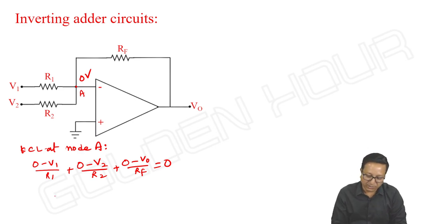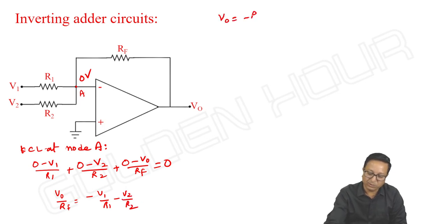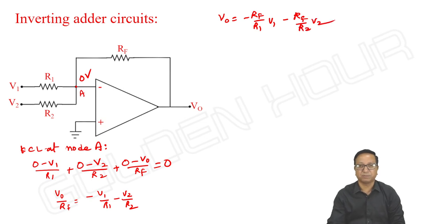Then V output by RF is equal to minus V1 by R1 minus V2 by R2, or I can write V output is equal to minus RF by R1 into V1 minus RF by R2 into V2.